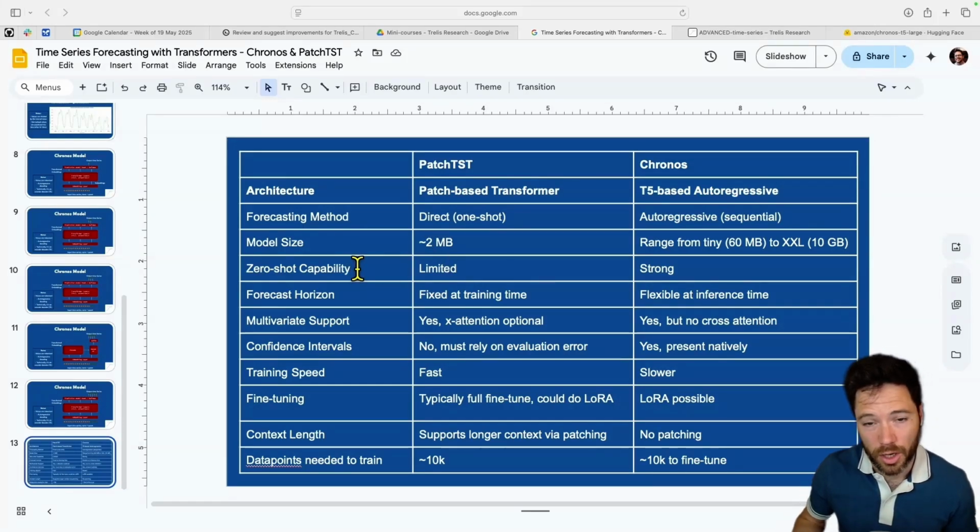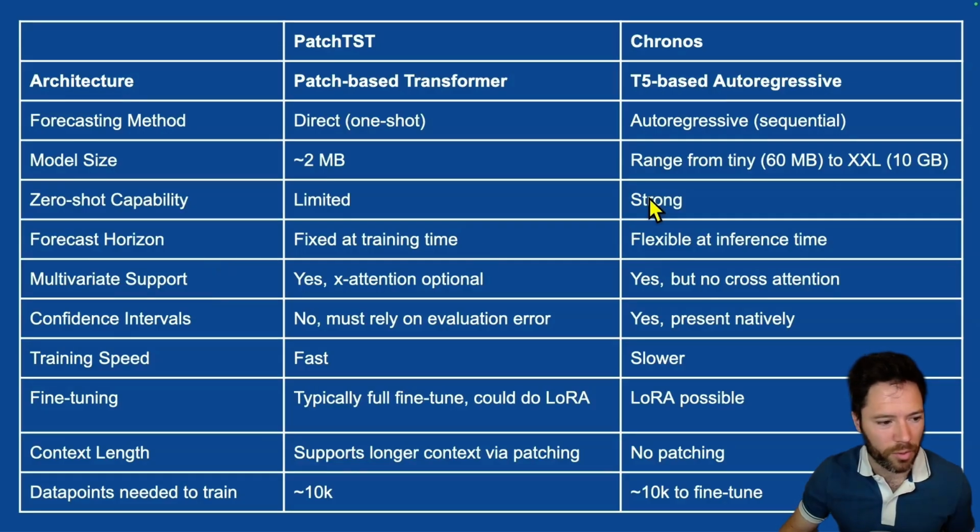In terms of zero-shot capability, which means just taking the model off the shelf and then using it for inference, the Chronos model is going to be quite a bit stronger. It performs very well on a custom application, even with no training, whereas the PatchTST performance is not going to be quite as good. The forecast horizon is fixed for PatchTST. It's flexible for Chronos. Multivariate support, I'll talk about that a bit later.